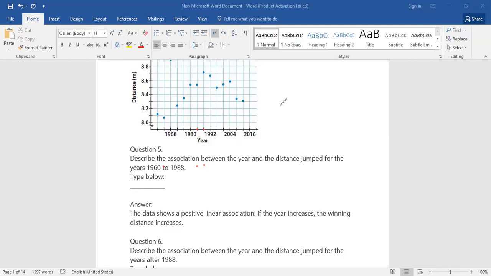Going down. Do you agree with him? Is this your answer? Anyone want to add anything? After 1988, what happened? Anyone want to add?